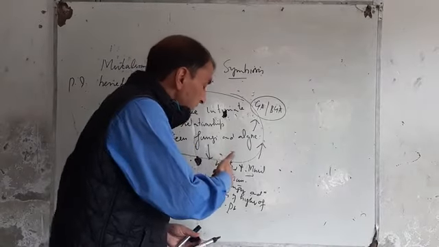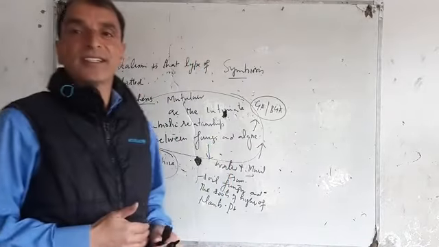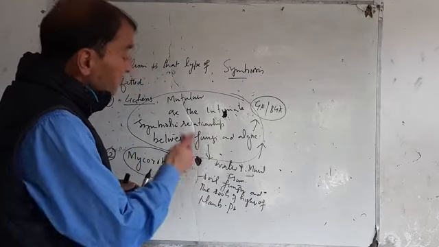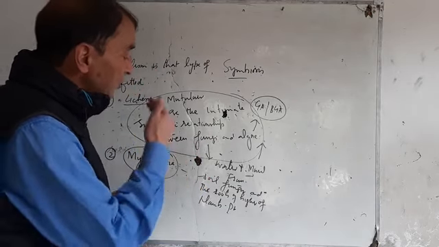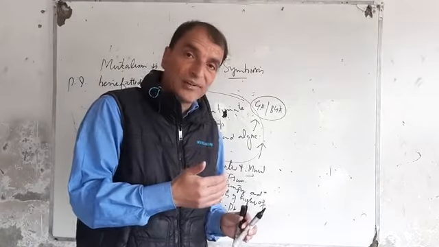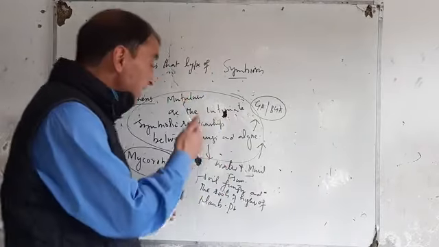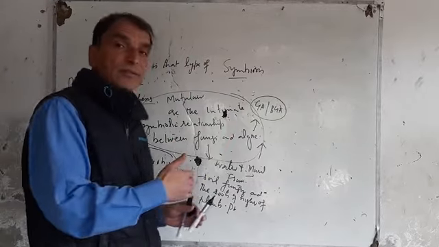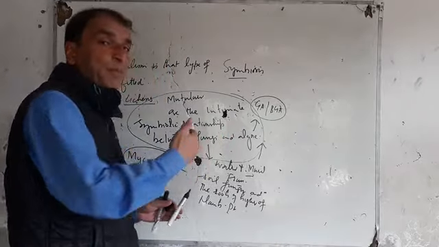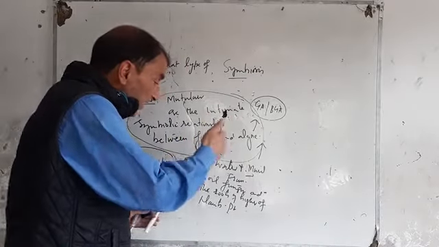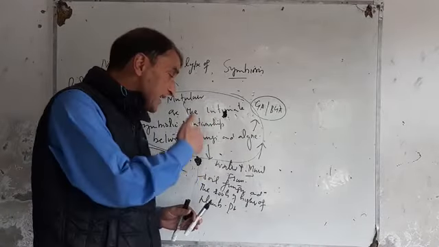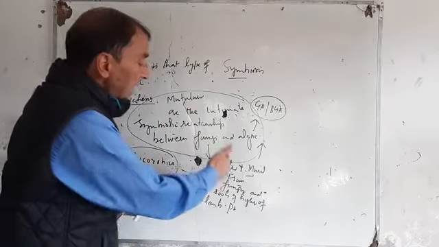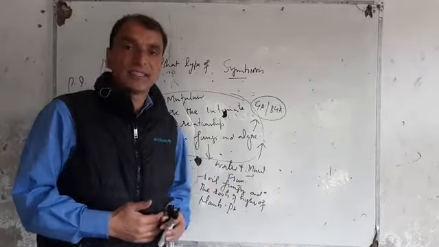food from the plant. This is again a symbiotic association, because it has been observed that in a soil, if fungus are removed from the roots of these higher plants, these plants show stunted growth. These plants show poor growth.